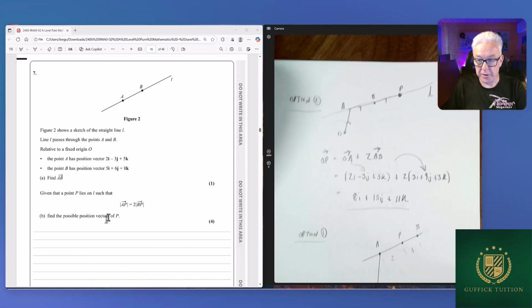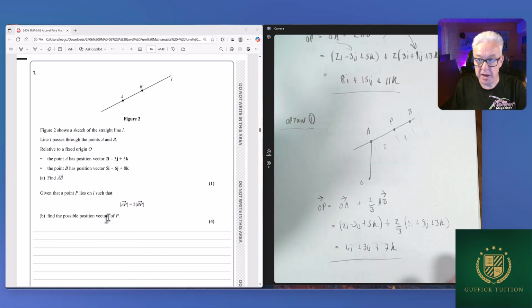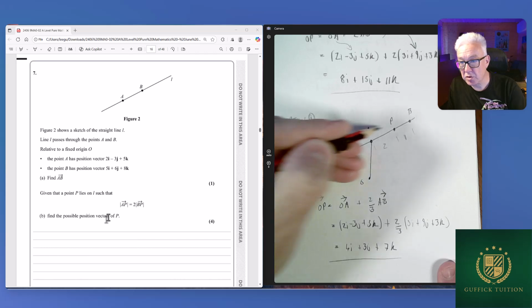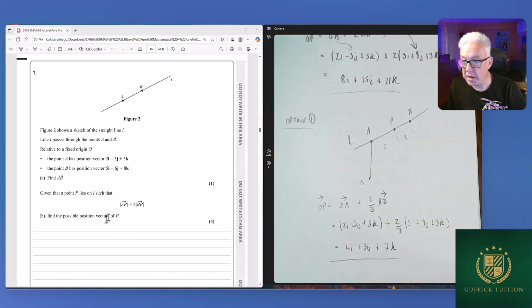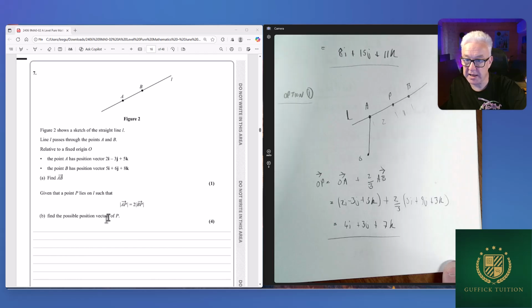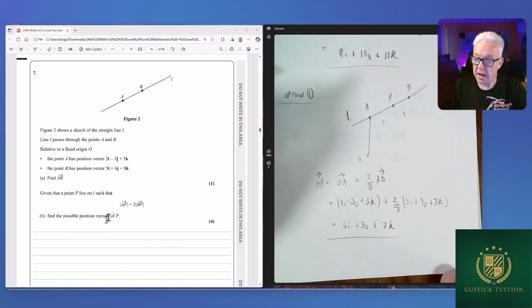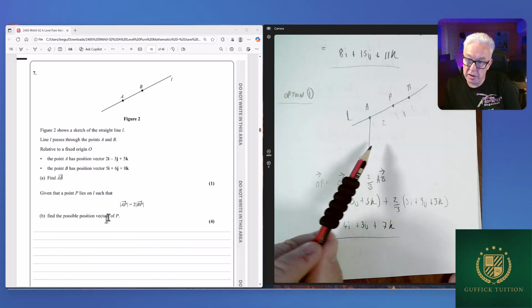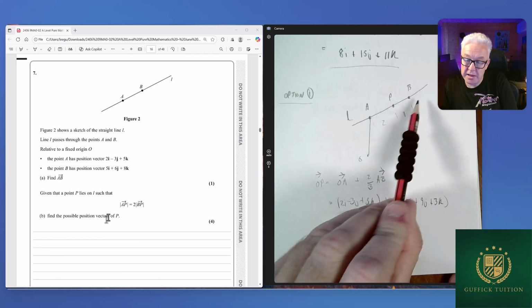Now let's look at the other option, where P lies in between the 2 points A and B on our line L. How do we go from O to P in this second scenario? We go O to A to get onto the line, and then we do 2/3 of whatever A to B is.